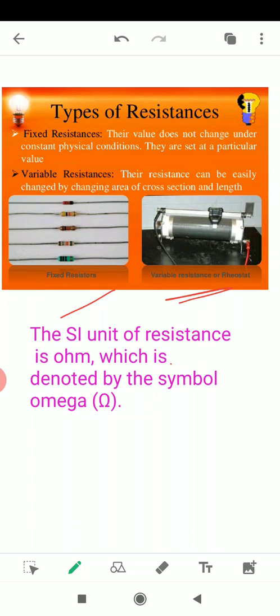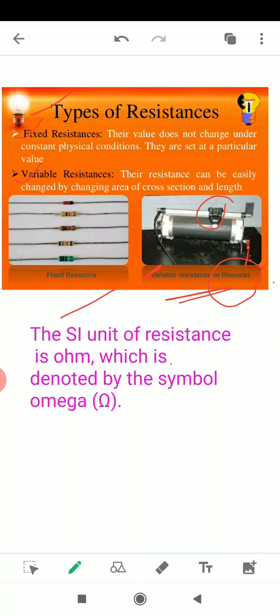When I was teaching you symbols, I told you about the rheostat. This is a rheostat, which is also known as a variable resistor, where you can slide this plug so that the resistance could be increased or decreased.